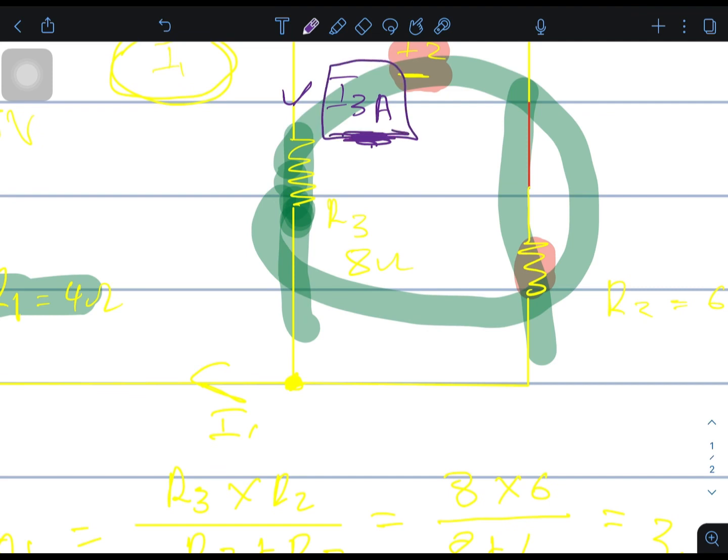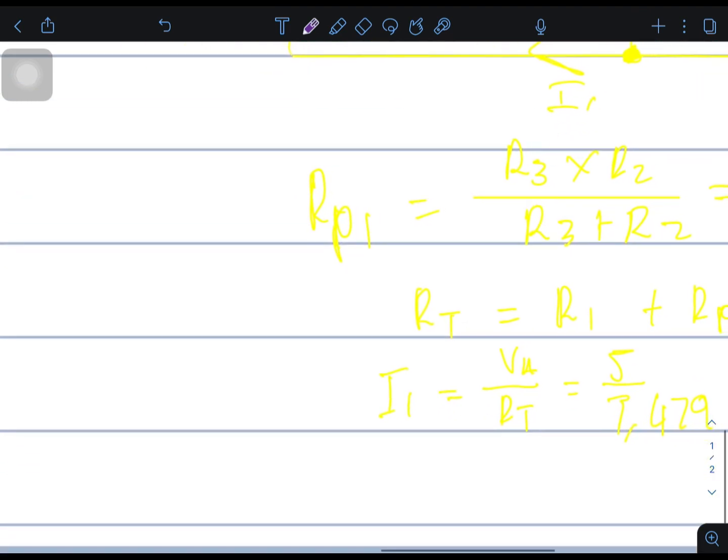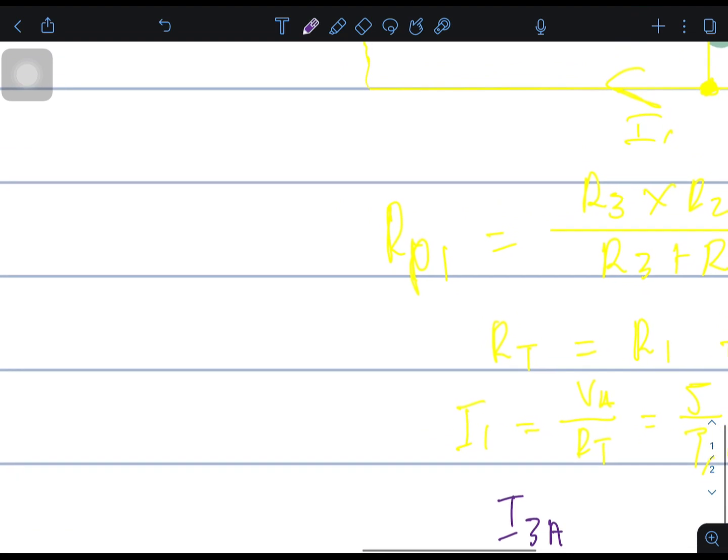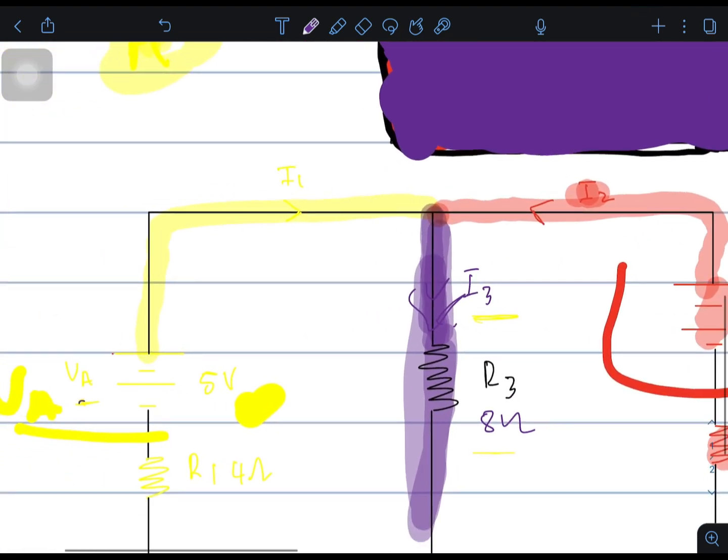Now that I've calculated I1, I am able to calculate the current that is contributed by this source, using the current divider rule. I3A is the current value that voltage source A contributed to this branch current.